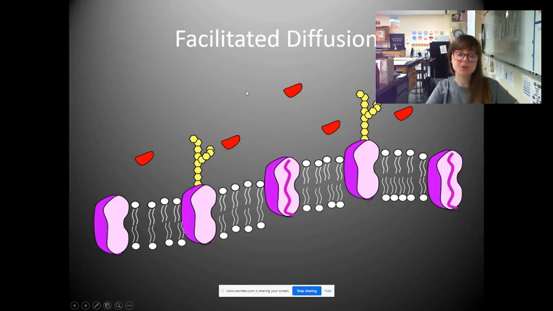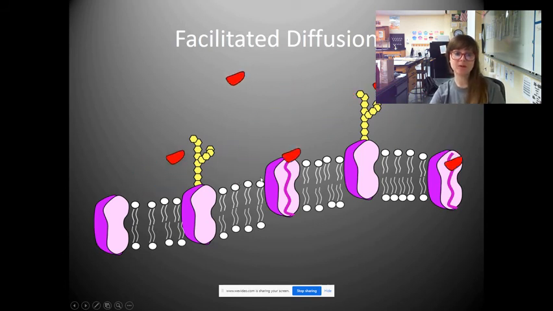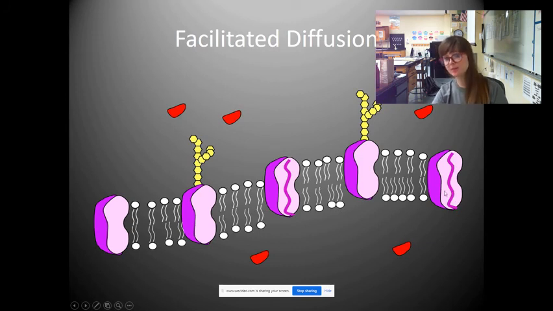All right, this is the last one that we're going to look at, and it's called facilitated diffusion, okay? So we said that diffusion was the movement of molecules across the lipid portion of the membrane. So now I want you to look at how these molecules move. Look, they bounced off the lipid portion. They had to move through these proteins. Do you remember what we called these proteins? Right, we call them the channel proteins.